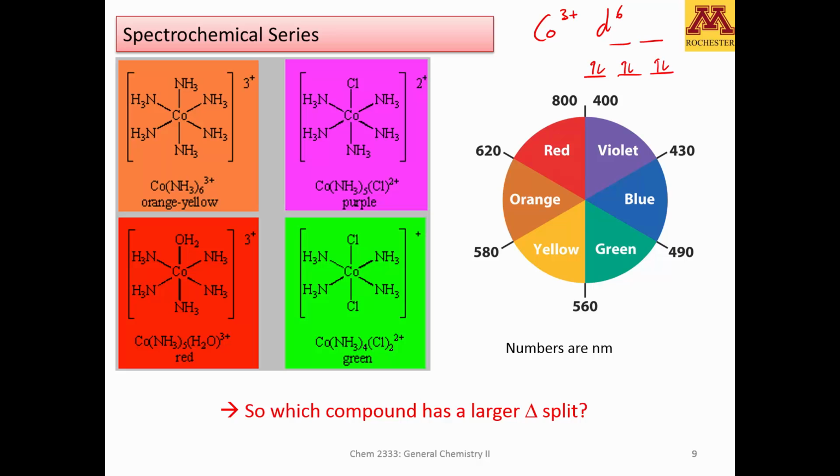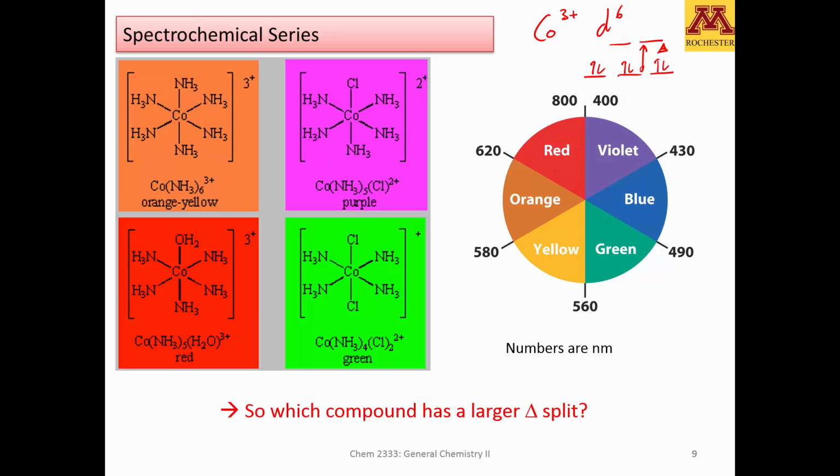We will see if that can change, but the distance between the 2 sets of d orbitals, this delta, will be smaller or larger depending on the ligand. So now let's observe these 4 complexes.